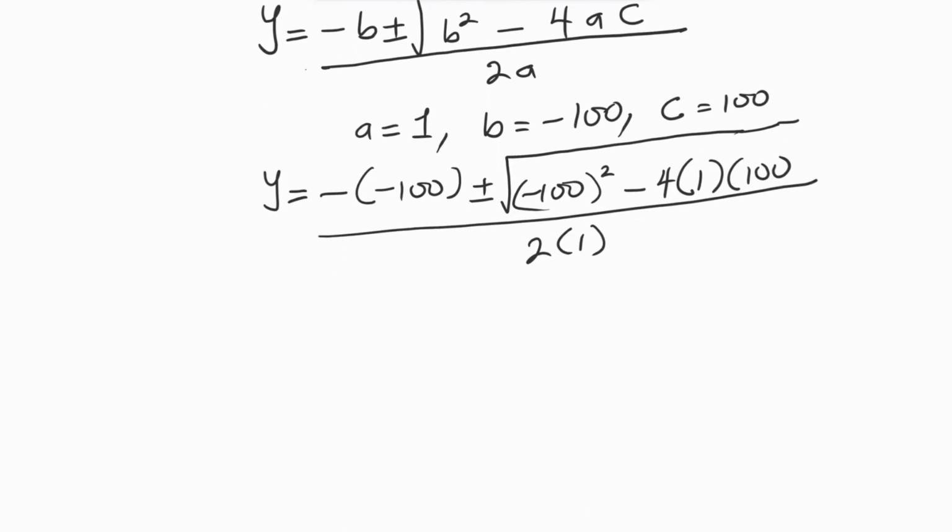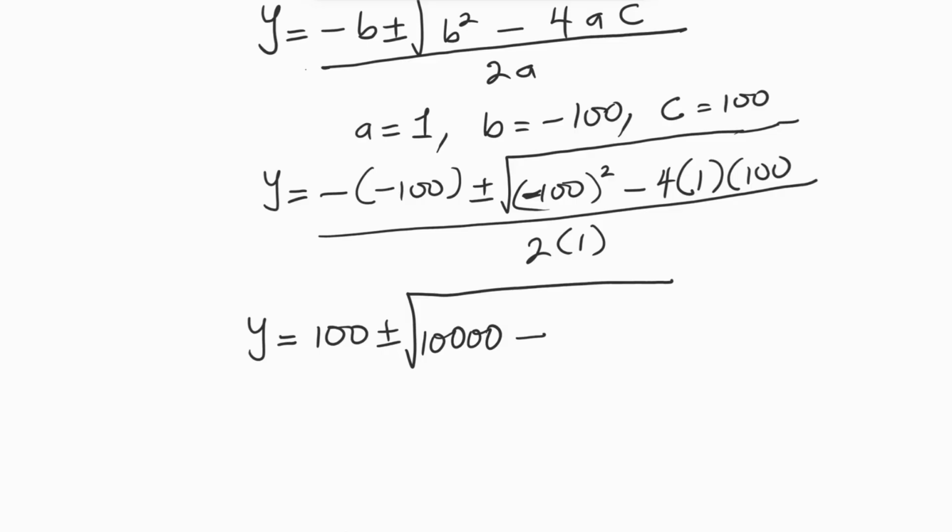Okay, so let's carry on. Minus times minus 100. Minus times minus gives us positive. So we have 100 plus or minus the square root of minus 100 squared. Minus times minus gives us plus. 100 squared will give us, instead of 2 zeros, we have 4 zeros. So that's 10,000 minus 4 times 1 times 100 will give us 400, all divided by 2.